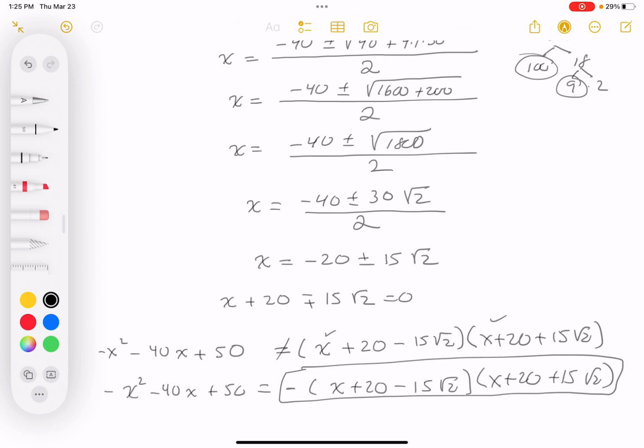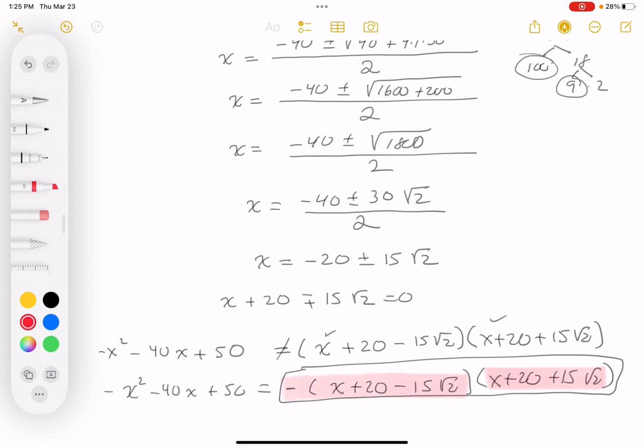Someone says you're going to check that out. Not really. I don't want to check it out, but I do want to look at the answer key. And someone says, why do you do that? I want to see what they have for an answer. So I'm looking at number 40. This is problem 40. What am I seeing over here? Well, I'm seeing this. Now, granted, it might be jumbled, but I'm seeing it. I'm seeing 15 root 2. I see plus 20. I see plus x. And then I'm wondering, I don't really see this over here.